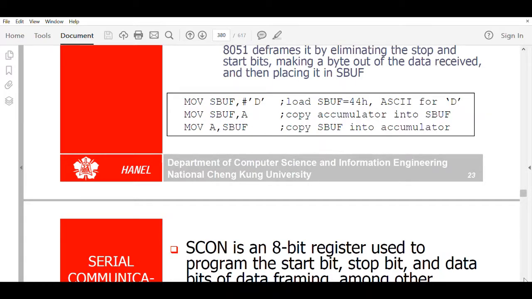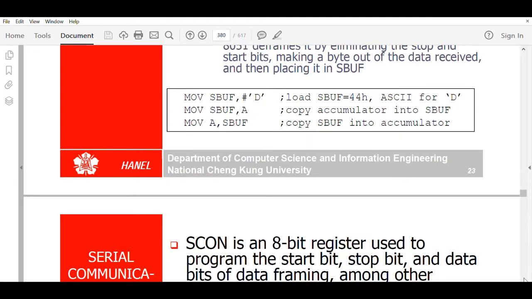SBUF is used for serial data transmission and reception. You have one at the transmitter side and one at the receiver side. On the transmitter side, when SBUF gets the 8 bits, they are framed with start and stop bits so that there are a total of 10 bits, and transmitted through the transmit line to the receiver.